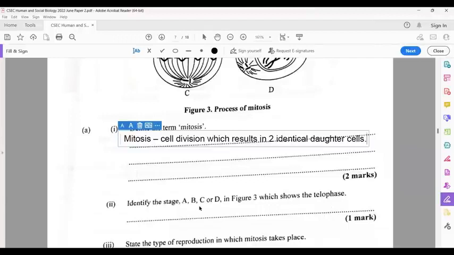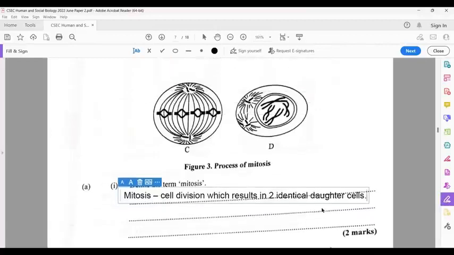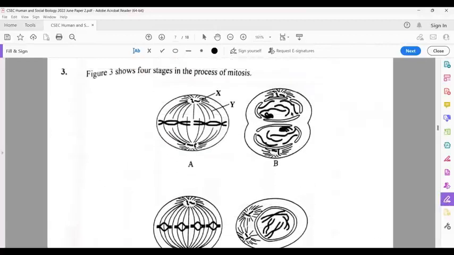Identify the stage A, B, C, or D in figure 3, which shows the telophase. And telophase is B. It is the last phase whereby the division has occurred and the nuclear membrane is reforming for the cells, right? So we see the poles are there, the spindle fibers have disappeared.